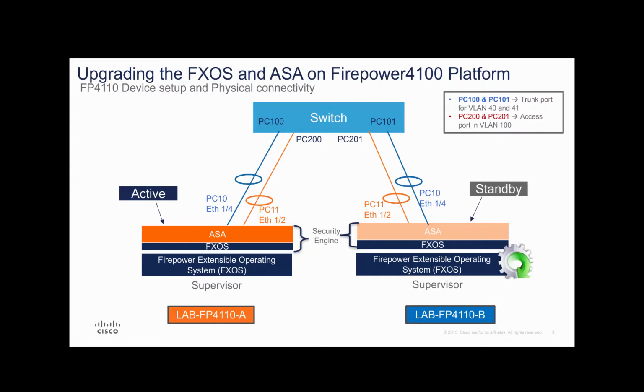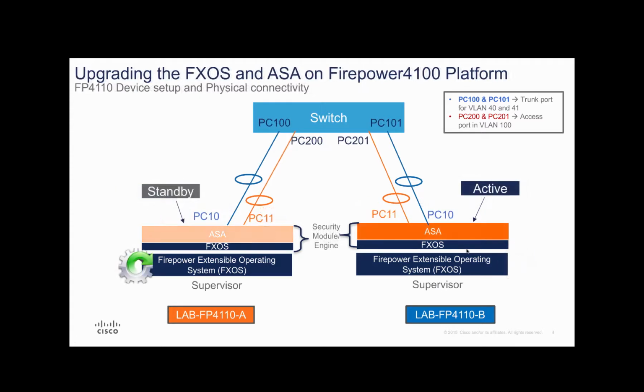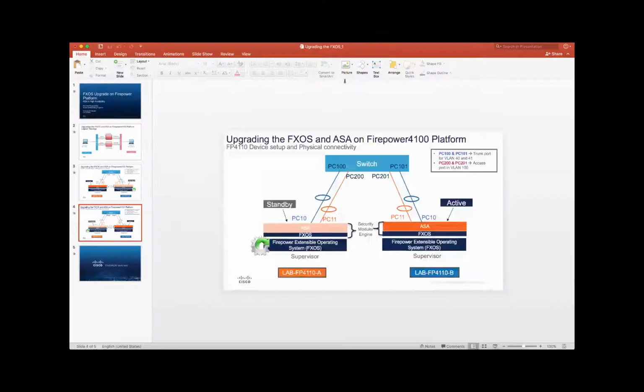I'll start upgrading the standby unit first, and then make this unit the active one, and then I'll upgrade the new standby unit, which is lab-fp4110-a here. Okay, now let's get into the demo.